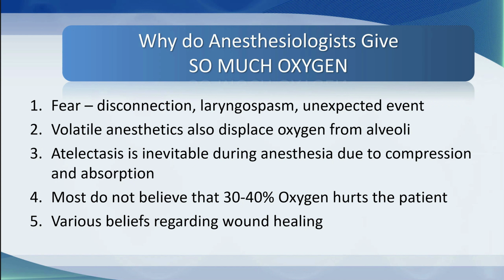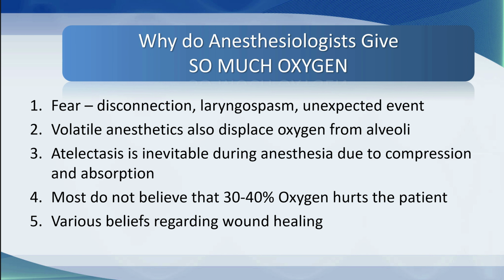Well, there were a lot of reasons for this. Firstly, on some anesthetic machines, if you use automatic end tidal control, you cannot give a fraction of inspired oxygen of less than 0.3. And that's because 30% was the magic number for many years for most anesthesiologists. And the reason for giving this extra oxygen was fear.